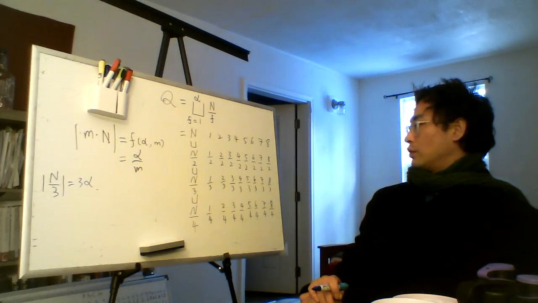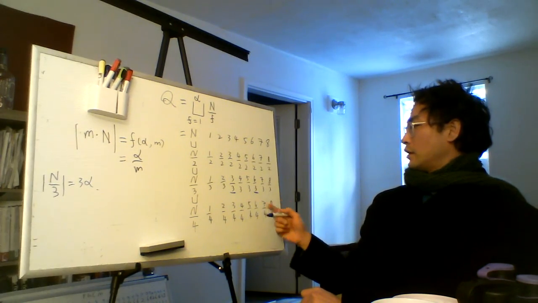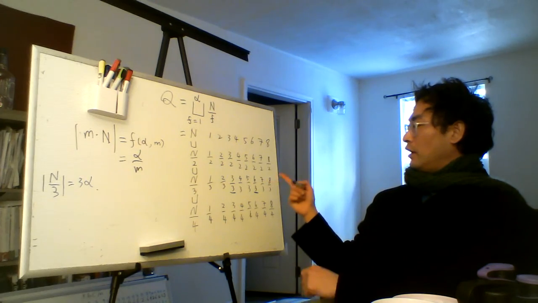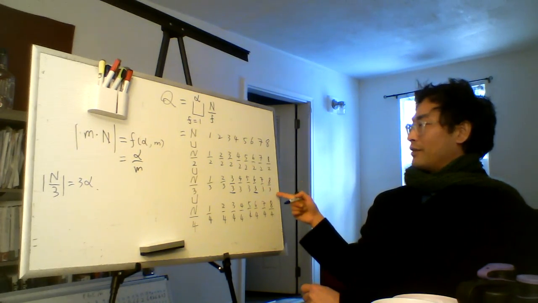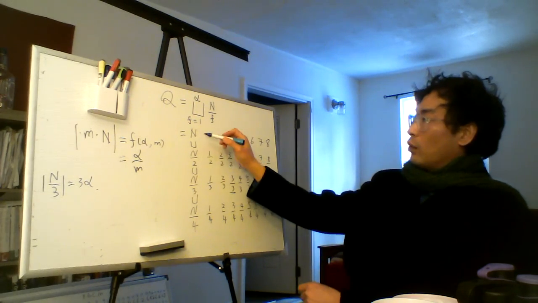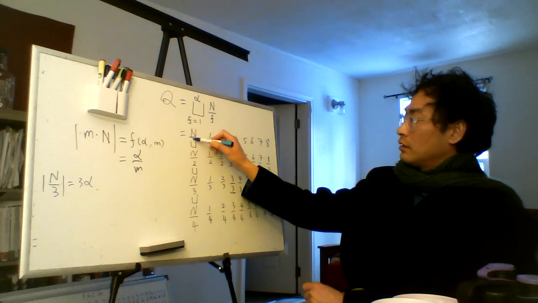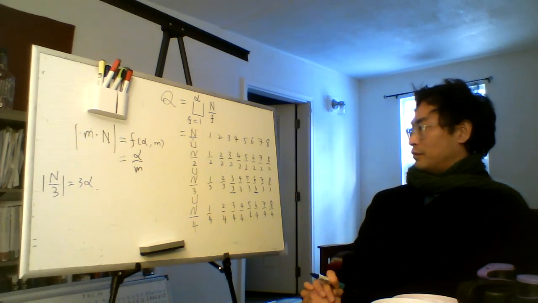We also know there's some intersection, right? 3 over 3, 6 over 3, 9 over 3, that's just 1, 2, 3, which is already included in this n over 1. So we don't want to double count them, right?